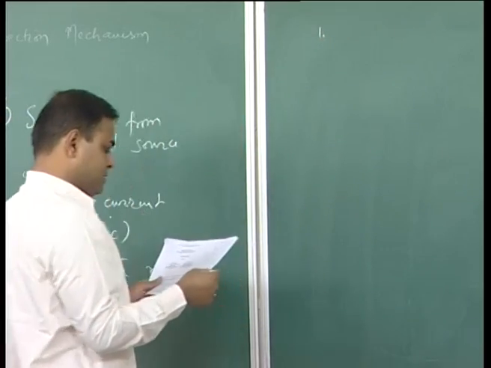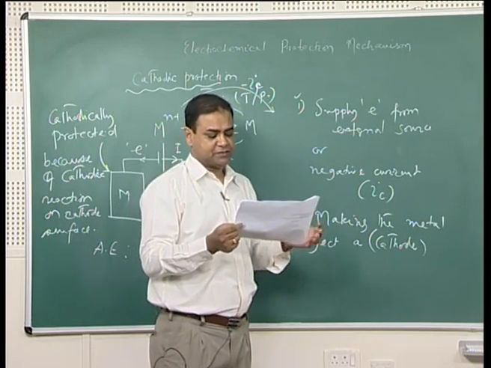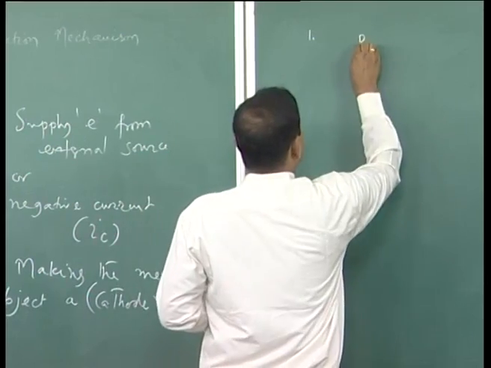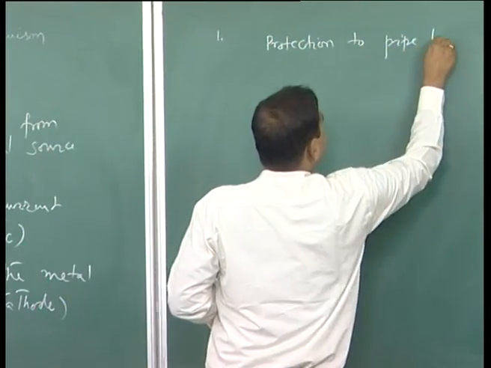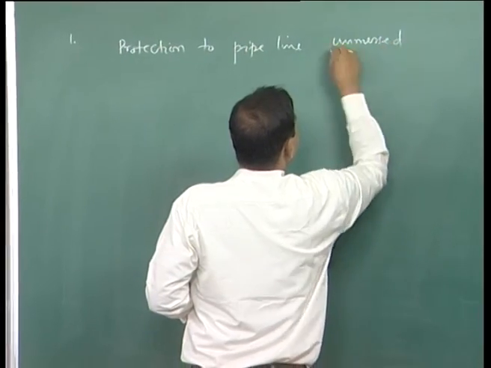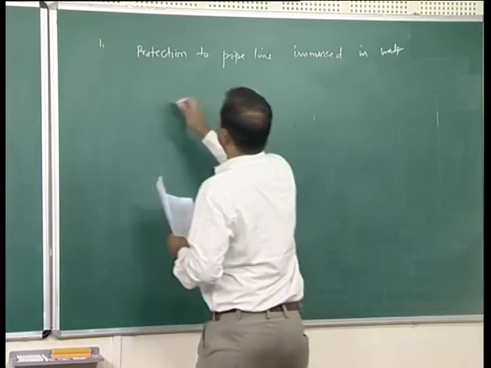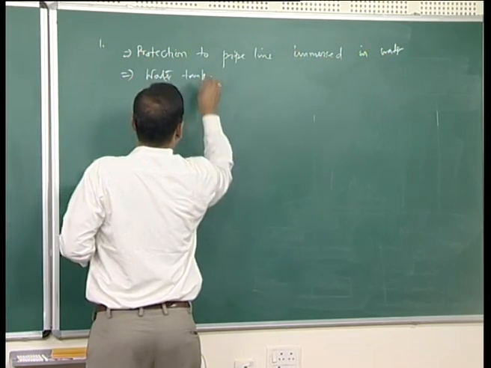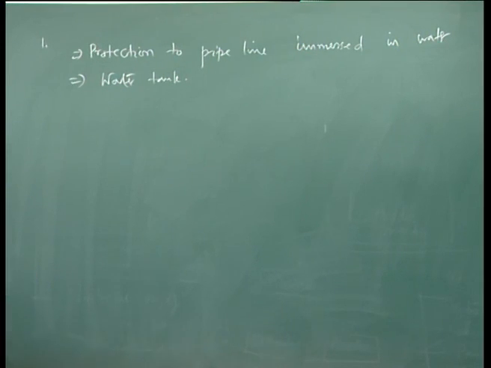The first point is, this method is widely used to protect steel structures or any structure such as a pipeline buried in soil or immersed in water, or a water tank, where you have intimate contact between the metallic object and the electrolyte.